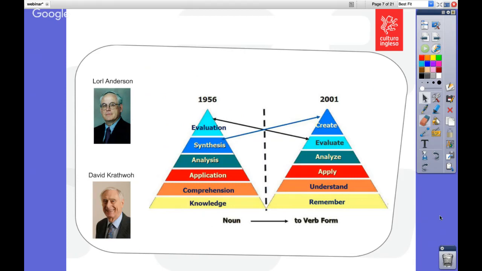So evaluate became the penultimate stage, right? And as teachers, we are always trying to find something different for students, something that can make them have higher-order thinking. How can we improve their critical thinking?